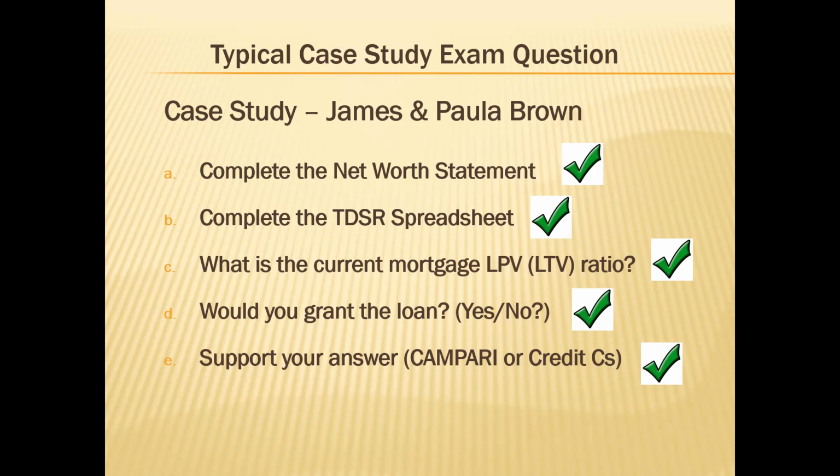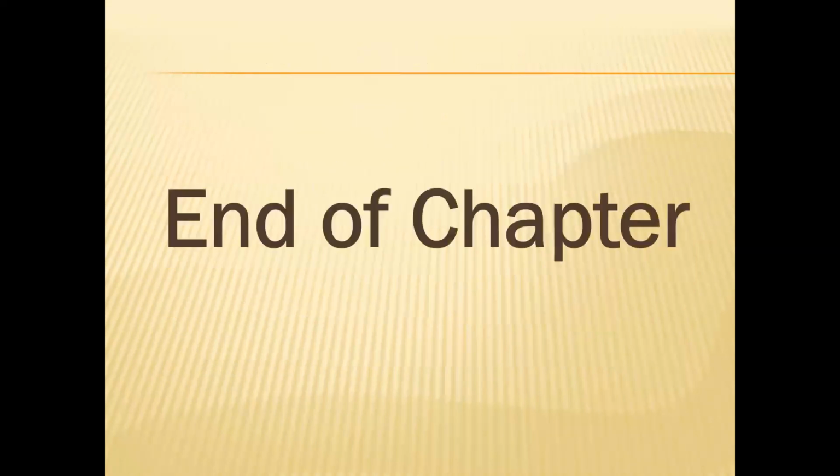We completed the net worth. We've looked at the TDSR. We looked at equity and LTV. We've answered the question whether or not we would grant a loan. We said yes, we would. And we supported our answer by using both the credit C and the compari methods. And that ends the chapter.